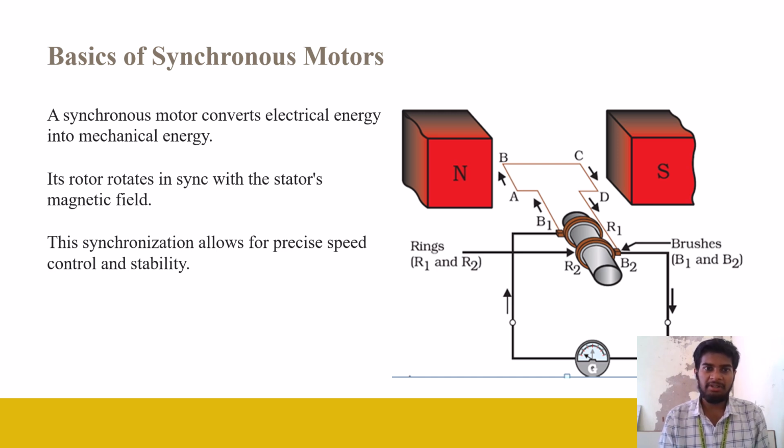A synchronous motor converts electrical energy to mechanical energy. Here there are two poles, the North Pole and the South Pole. Its rotor rotates at synchronous speed with the stator magnetic field.